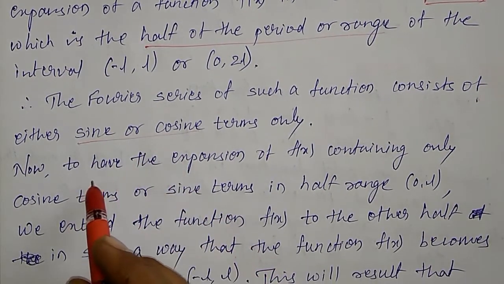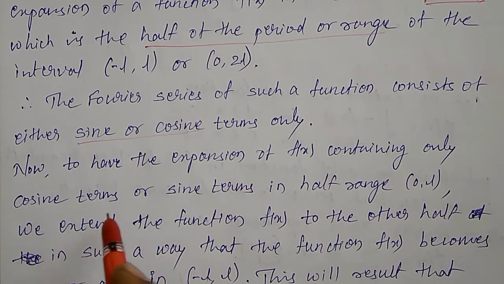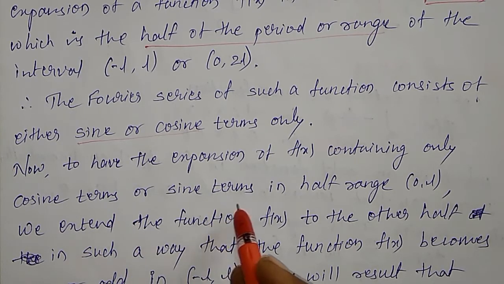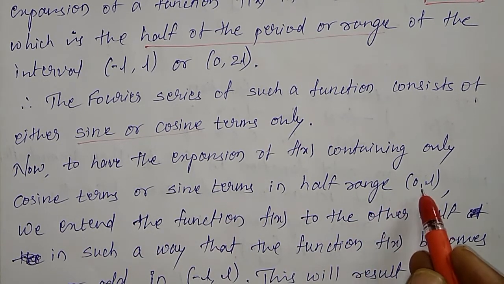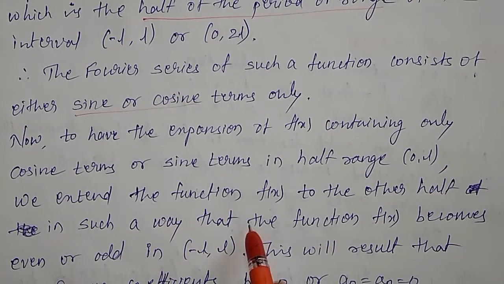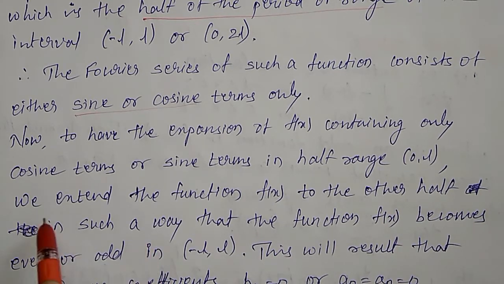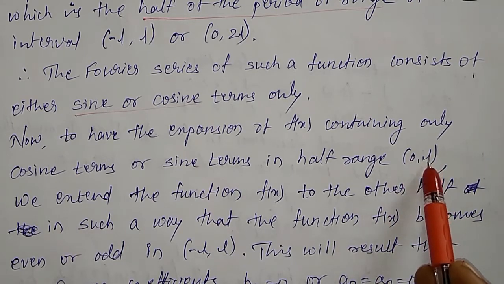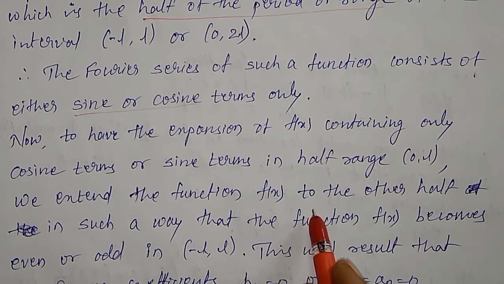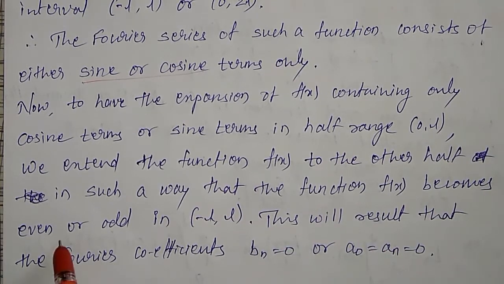Now, to have an expansion of f of x containing only cosine terms or only sine terms in half range, that is 0 to l, we extend the function f of x to the other half. If the function is defined only in 0 to l, we extend it in such a way that the function becomes either even or odd in minus l to plus l.